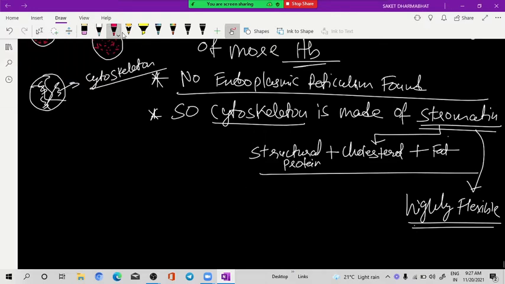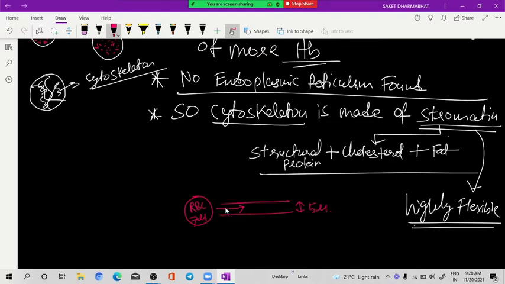So here we see the stromatin is a highly flexible cytoskeleton. That's why, if we see the diameter of the blood capillary, it is 5 micron. And what is the size of human RBC? Human RBC size is 7 micron. So because of the flexibility provided by the stromatin cytoskeleton, this RBC can enter inside the blood capillary.